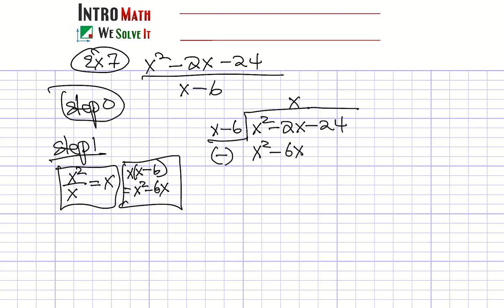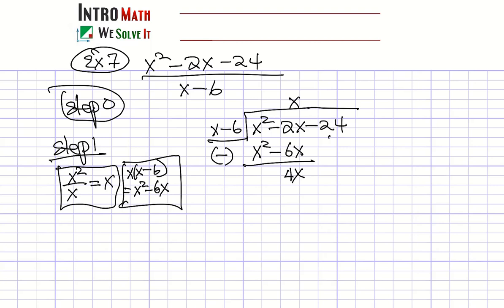Okay, now you're gonna subtract that. If you subtract it, what do you get? Notice that the first term cancels out, the second term becomes positive, so then you have 4x. See that, right? If you don't understand what I'm doing, leave a comment. I will come and answer you, okay?